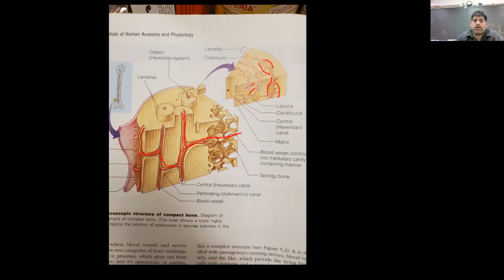Okay, the Haversian canal is going to be central to the osteon. Here we have one here, kind of, we would see a blood vessel in it. But if we look at these ones that are running transverse, so the vertical canals are going to be the Haversian canals. The ones that run across the bone are called Volkmann's canals or perforating canals.